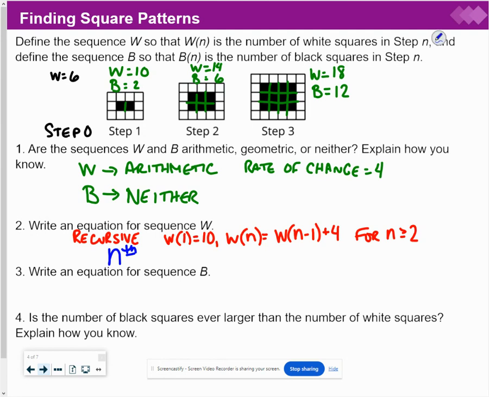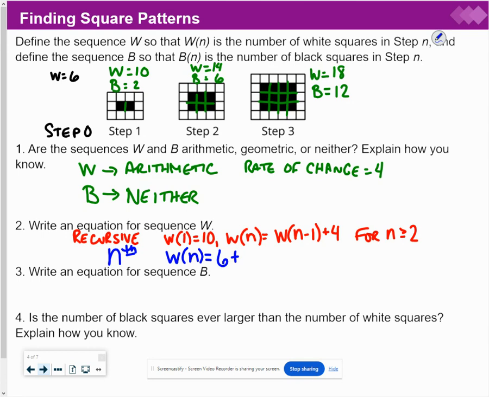So for my nth term definition, I would have any term in my sequence is going to be, and again, just looking at the way that we write these, because this is arithmetic, I need to know what my 0 step is, which is 6, plus whatever I had for my growth factor.